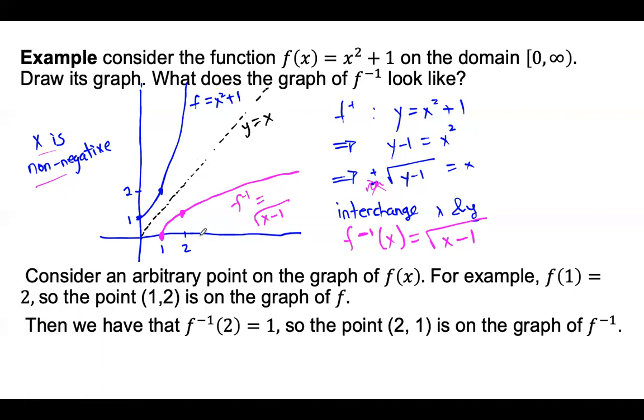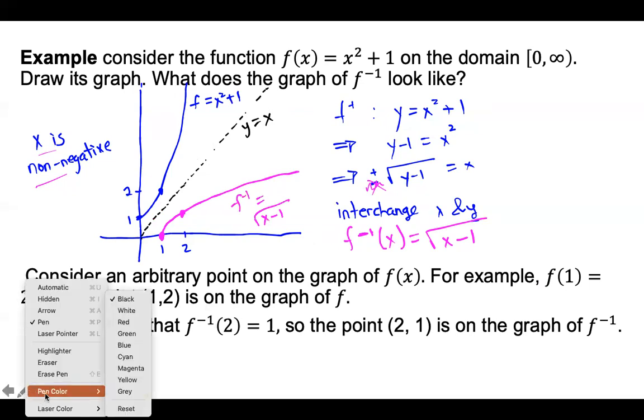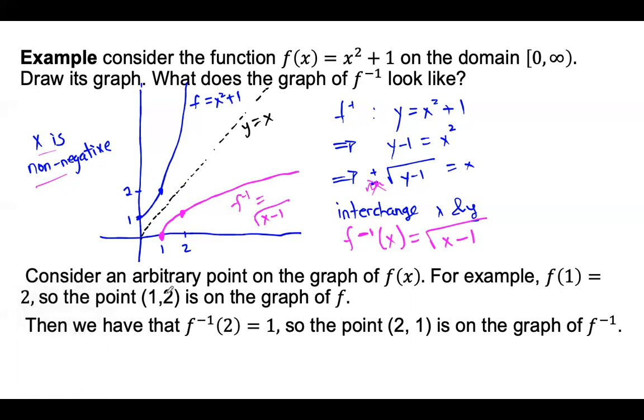So again, in this case, our inverse function is symmetrical along the y equals x axis. And this is essentially what this little note down here is saying. You can consider arbitrary points along this function, for example, 1, 2, this point. So the inverse, when you plug in 2, is going to be 1. So the point 2, 1 is along this inverse function.